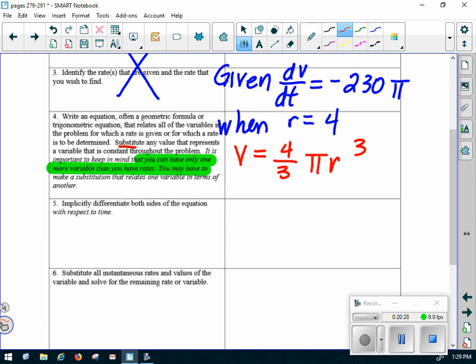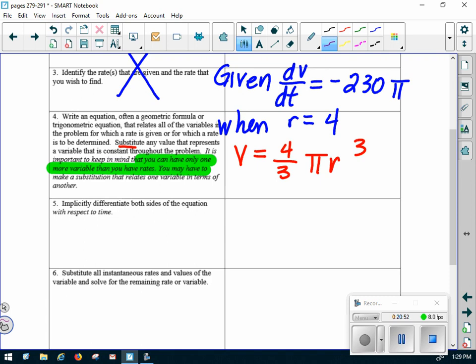I only have one rate, so I can only have two variables in this thing. What are my variables? V and r. So I'm good. Now you may be thinking, what if you do have it where that doesn't apply? Then you have to do something different, and we'll get to a problem like that later.